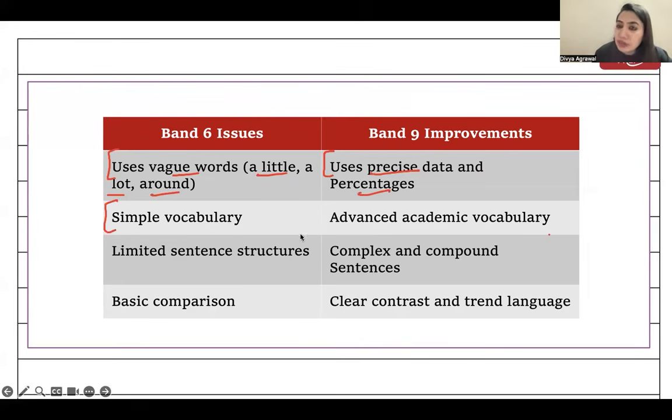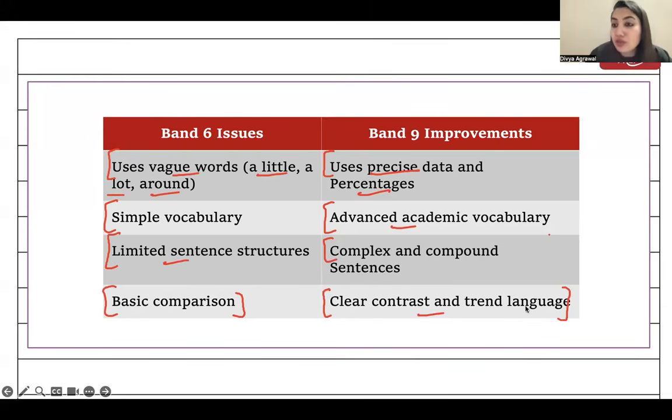We used simple vocabularies, whereas here we used advanced academic vocabularies. Here we use limited sentence structures, while here we use complex and compound structures, wherein we put linking words like contrasting words, similarity keywords. And here we use basic comparisons, whereas here we used clear contrast and trend language.